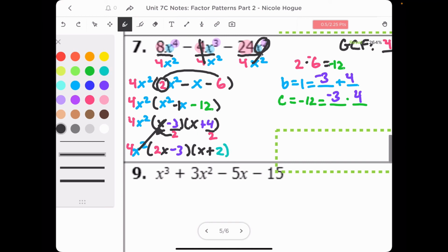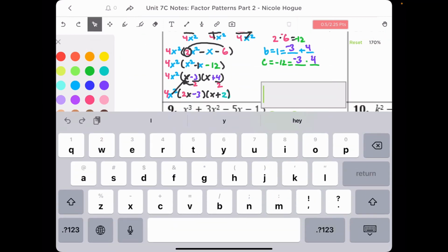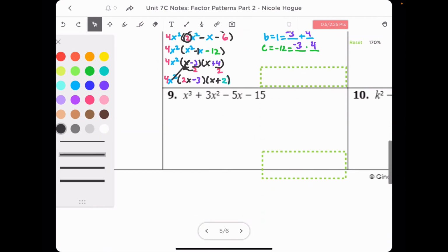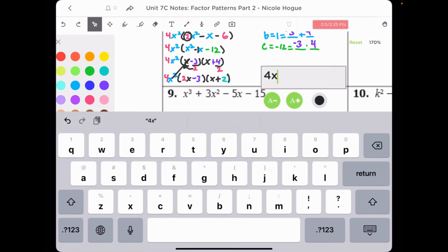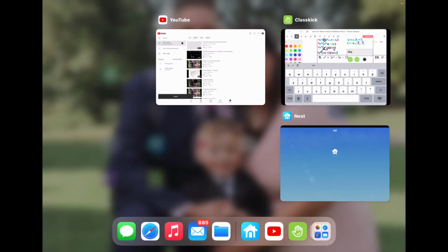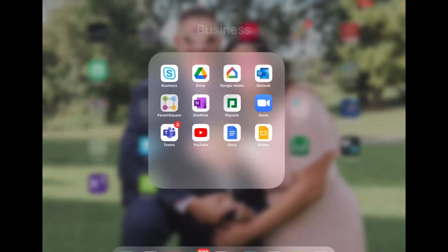And that's your answer. And so that is as much as we can factor. And so here we would be left with 4x squared. Remember, we have to go to our Classkick toolkit to get the squared.